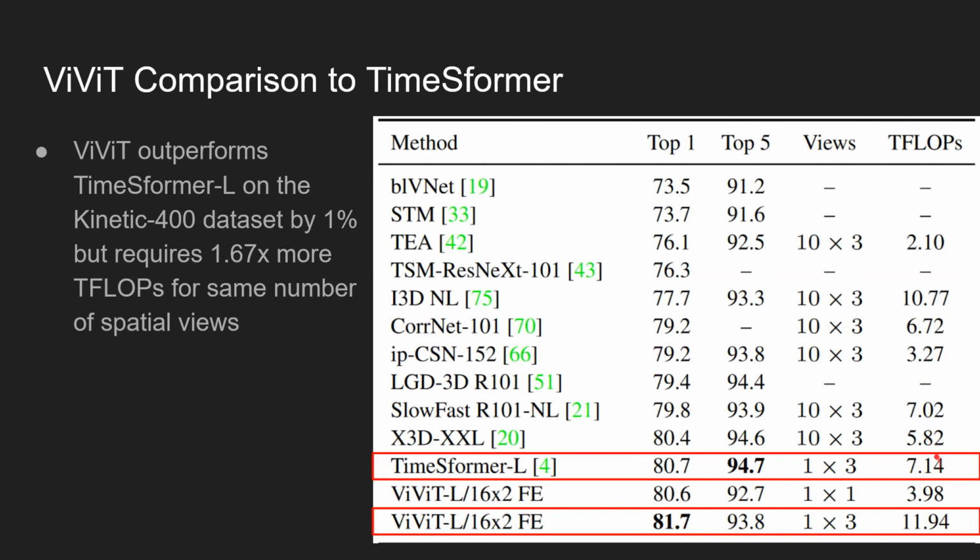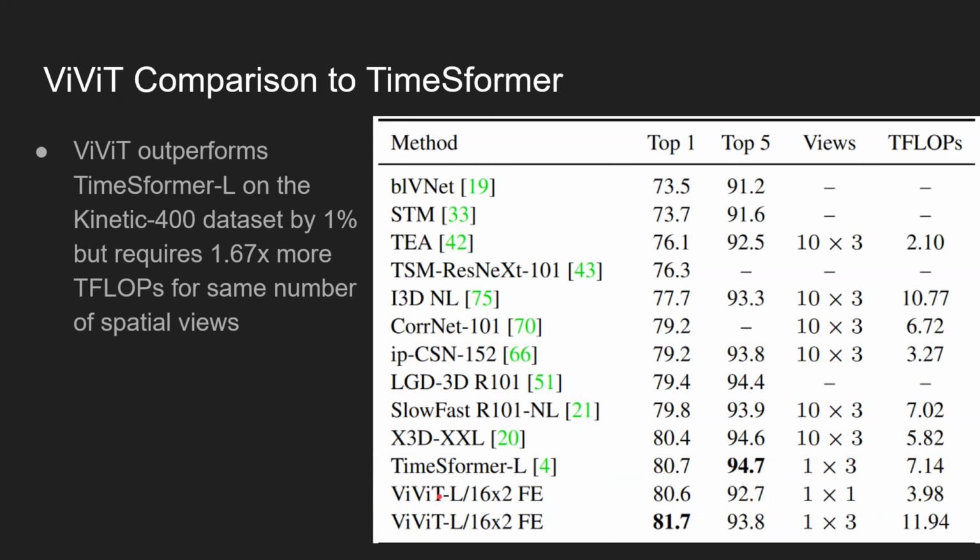But it requires 1.67 times more teraflops for the same number of spatial views. And we can also see that ViViT is able to achieve a similar accuracy, about 0.1 less, for a lower inference cost if they cut down the number of spatial views.